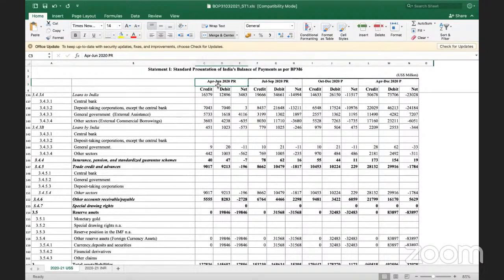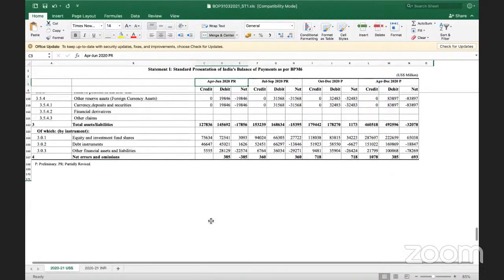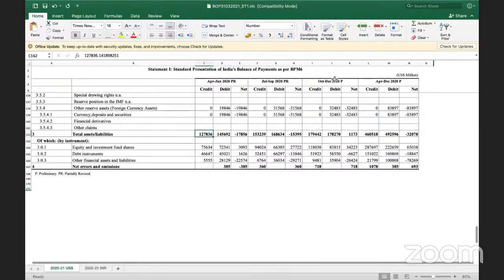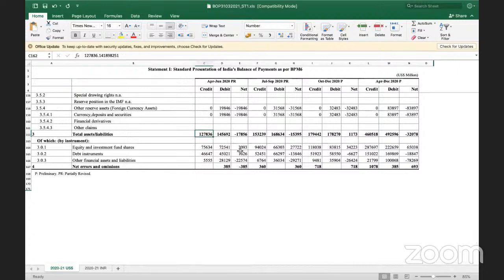April, June. Okay, 19th we have seen. What was 19? 122. Now it is 127. I thought it would show it here, but I've taken the latest one. So 127 means there's an improvement compared to last year. The balance of payments has improved by 5,000 million US dollars.